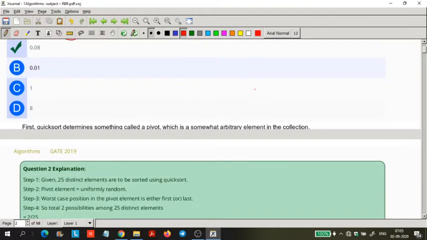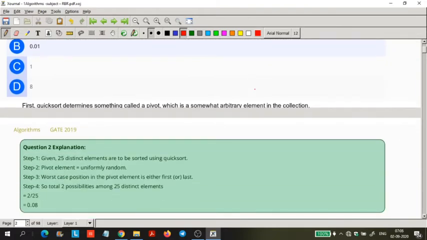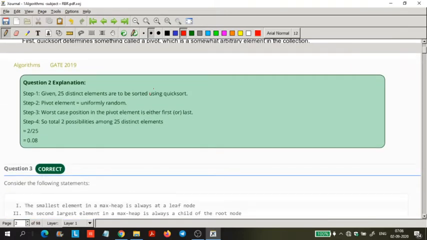In quick sort, we determine a pivot, which is a somewhat arbitrary element in the collection. Given 25 distinct elements sorted using quick sort, the pivot element is a uniformly random element.